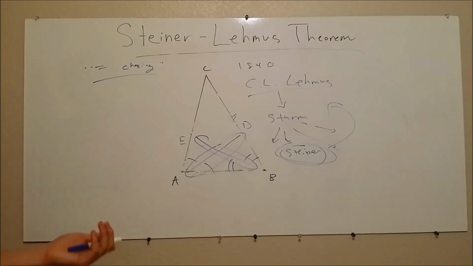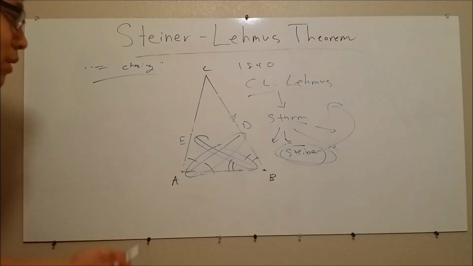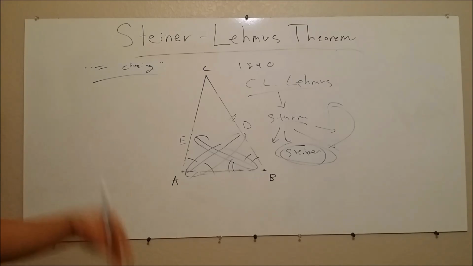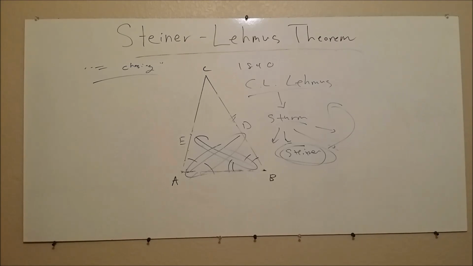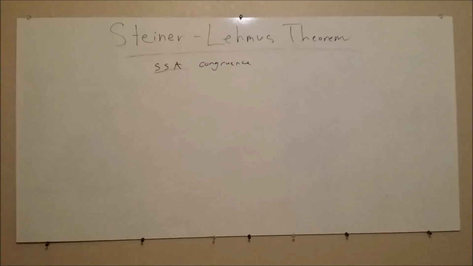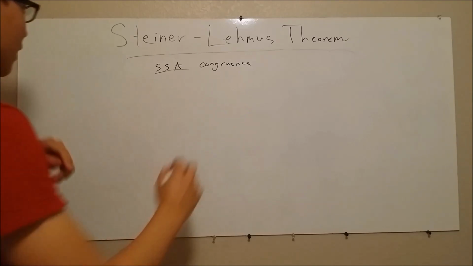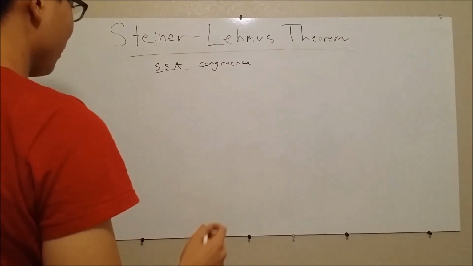So here we'll show a direct-seeming proof. Now the underlying theorems and lemmas that we use along the way might not be direct, but we'll ignore those for now and simply prove the theorem. Now what we're going to show is this thing called side-side-angle congruence, right?